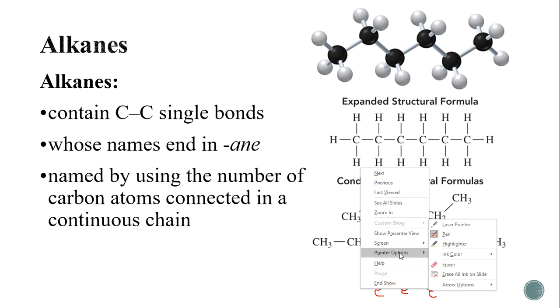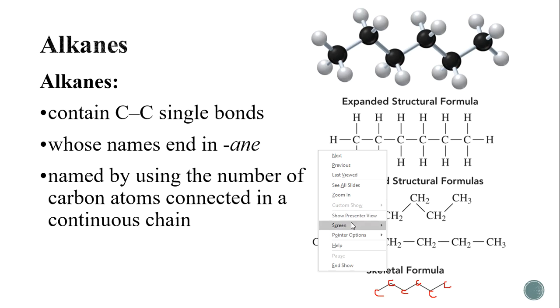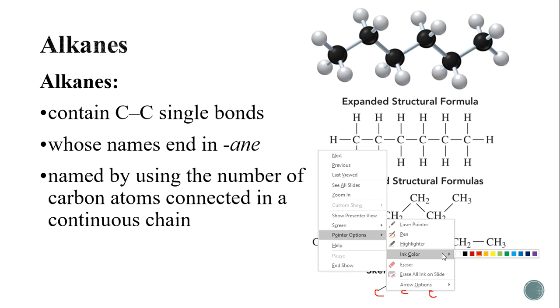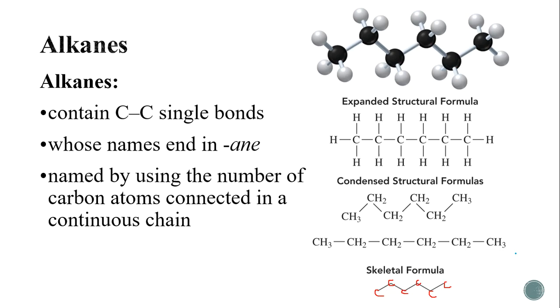The other assumption that we're going to make, I'm trying to get a different color here. There we go. The other assumption that we're going to make is that if there is a carbon, there's also hydrogens. So this carbon has one bond to another carbon. That must mean there's 3 hydrogens attached to it.